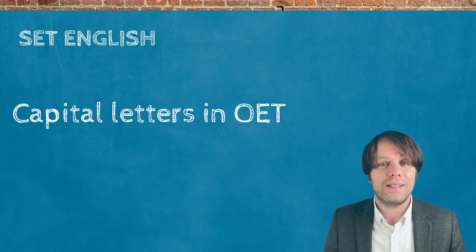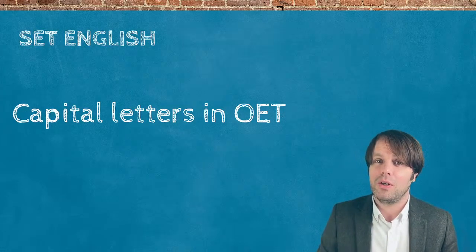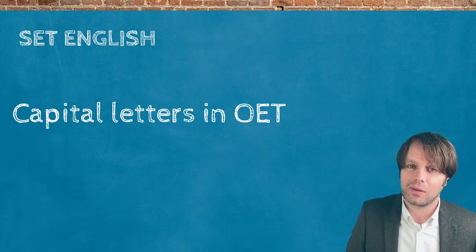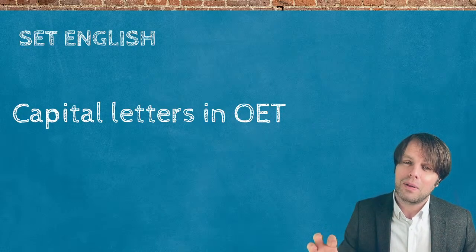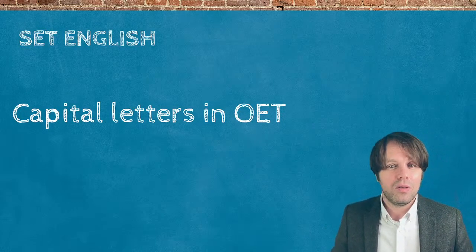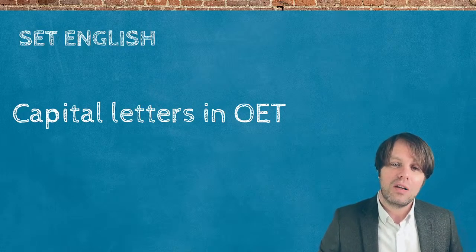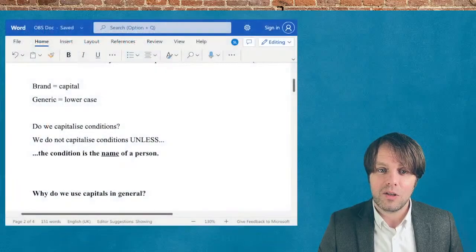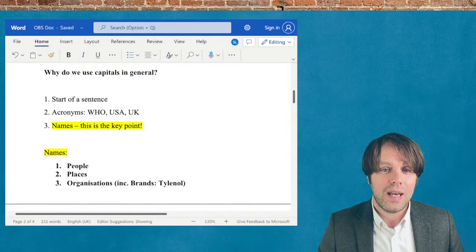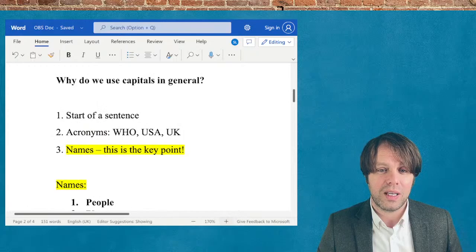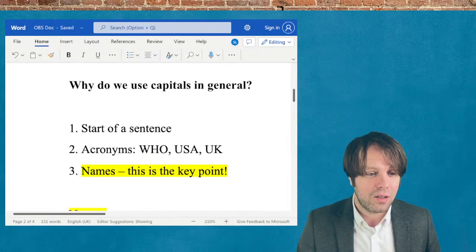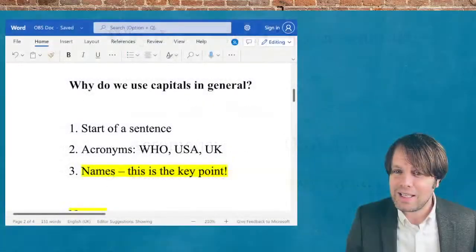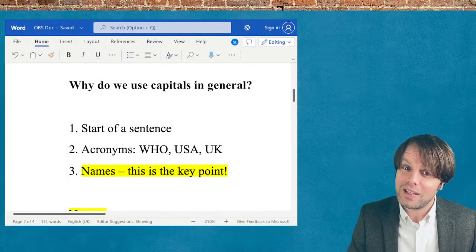No, unless it's a name of a person, right? Parkinson's disease, Crohn's disease, Alzheimer's, okay? We would use capitals for those, but any other time, no capitals, okay? And in general, why do we use capital letters? Well, it's because of names, okay? So I'll just leave this on the board here, guys, right? Start of a sentence, acronyms, names. I'm making this a bit simple as there are other things, but this is all you need for OET, okay?